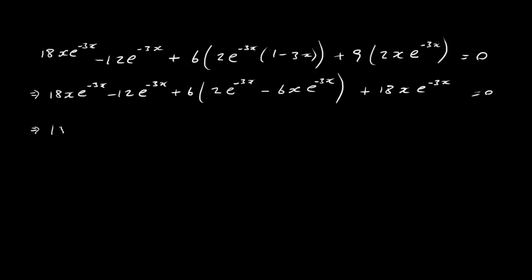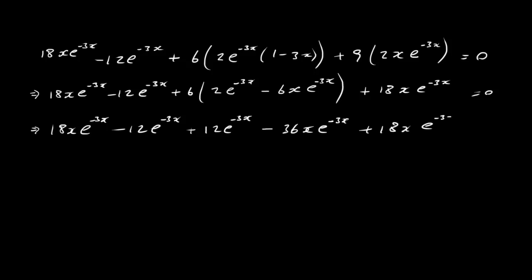So let's see, we've got 18x e to the power of minus 3x minus 12e to the power of minus 3x plus 12e to the power of minus 3x minus 36x e to the power of minus 3x plus 18x e to the power of minus 3x equal to 0.